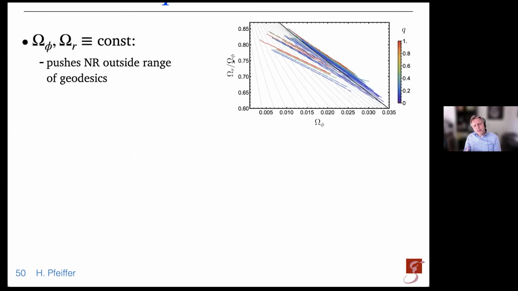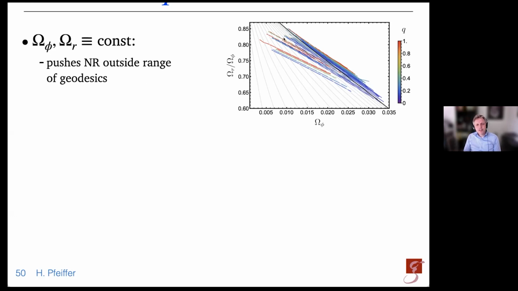And then the next question is, how do you take these simulations and take a limit going to the extreme mass ratio? Our first idea was, well, we have two characteristic frequencies, the orbital frequency and the frequency of the radial motion. And so let's keep those two constant, because these two frequencies will identify a certain geodesic around the big Schwarzschild black hole. However, we realized that if one does this, it turns out for finite radii, finite mass ratio, the NR frequencies are often outside the range covered by geodesics.